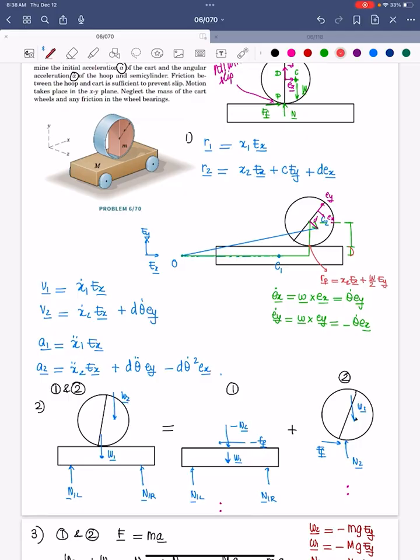So if I look at RP minus RC, or RP minus R2, that's going to be equal to, that C we said is the width over 2 plus R, minus R EY.